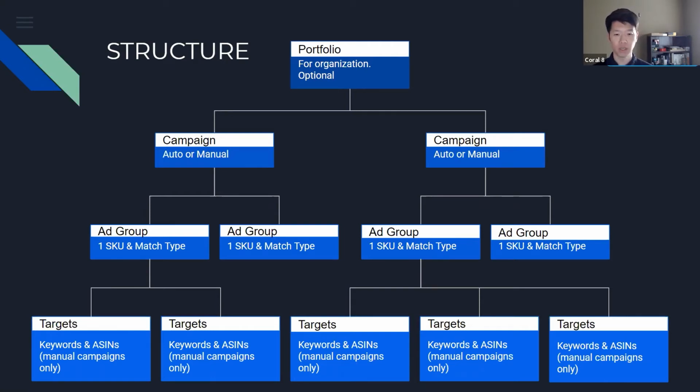We really encourage you to create ad groups so that there's only 1 SKU and there's only 1 match type in that ad group. So if you have 100 keywords and you want to add those 100 keywords as broad match, phrase match, and exact match, then what you'll do is you'll create 3 ad groups: one for 100 broad match keywords, a second ad group for the next 100 phrase match keywords, and then a third ad group for the next and final 100 keywords that are all exact match. Okay.